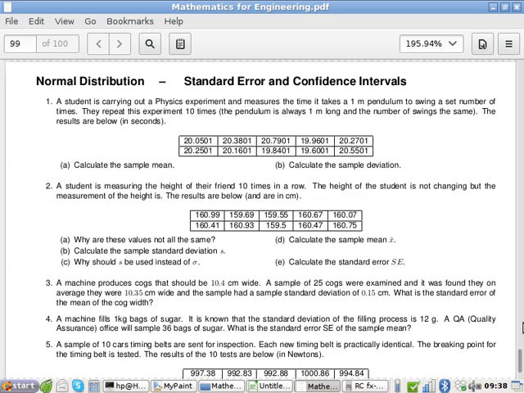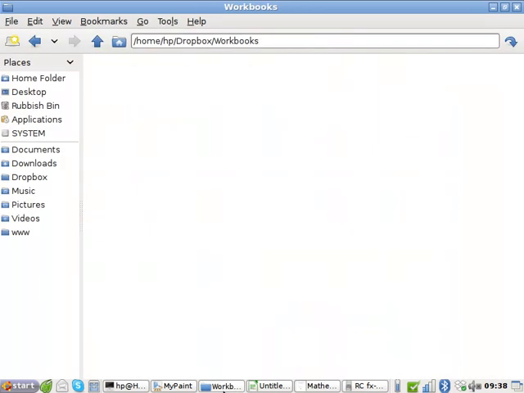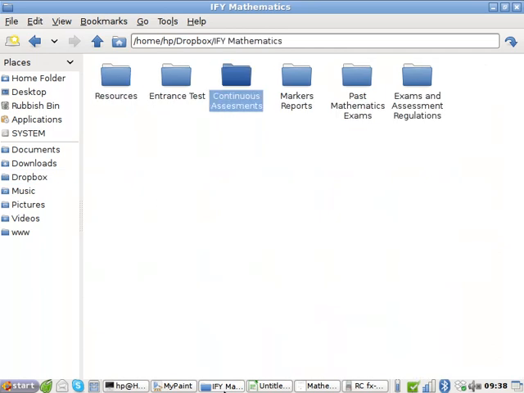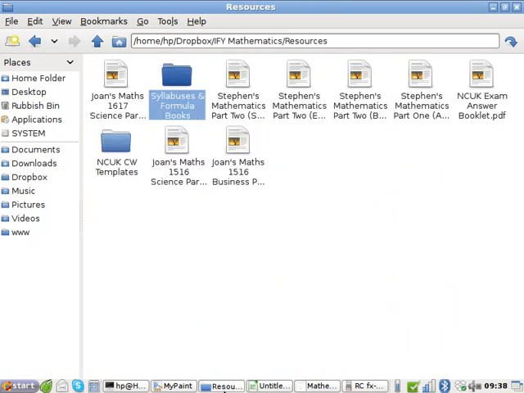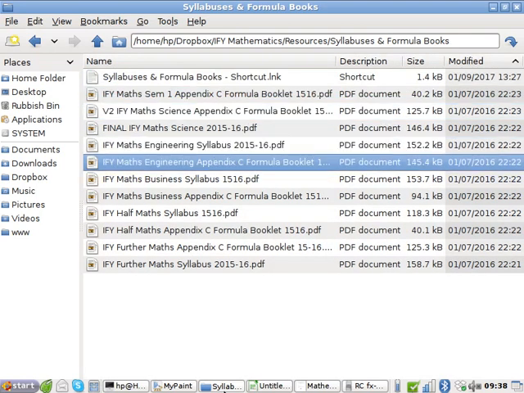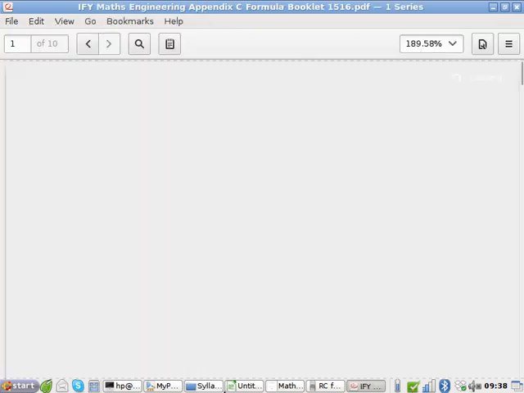In fact, let me check what they use in the formula book, because I have a formula book here. IFY, resources, formula book, and where's the engineering formula book? I'll show you this in the formula book.